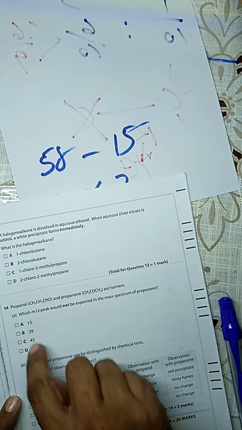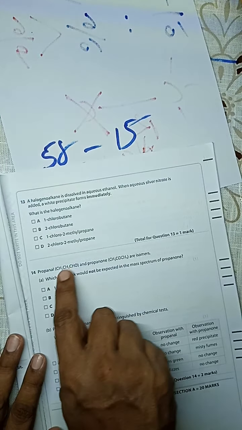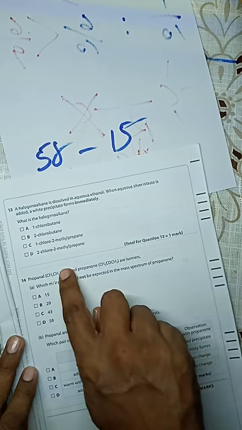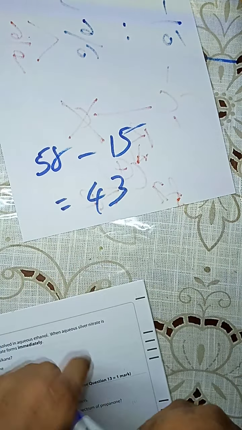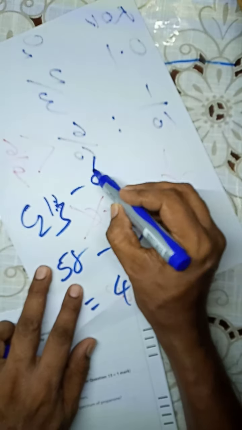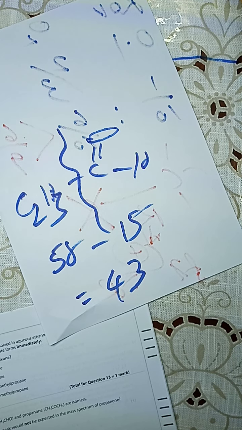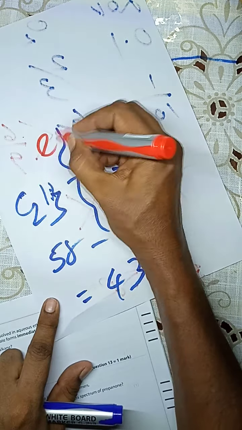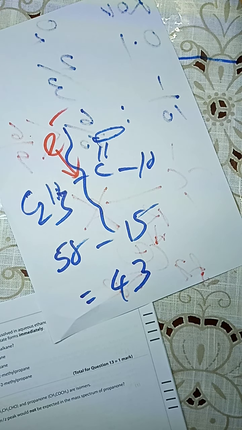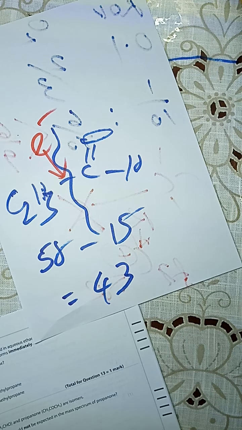Then 43 is possible for both, but 29 will be shown by the aldehyde, because C2H5CHO, when it is broken at that place, when an electron bombards that, there will be a peak at 29.